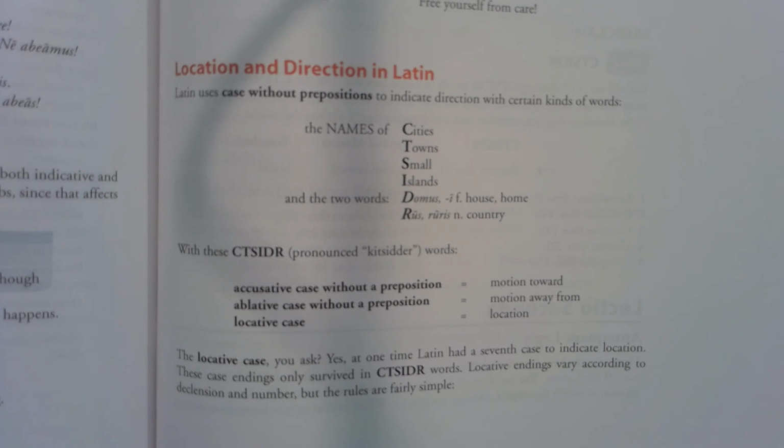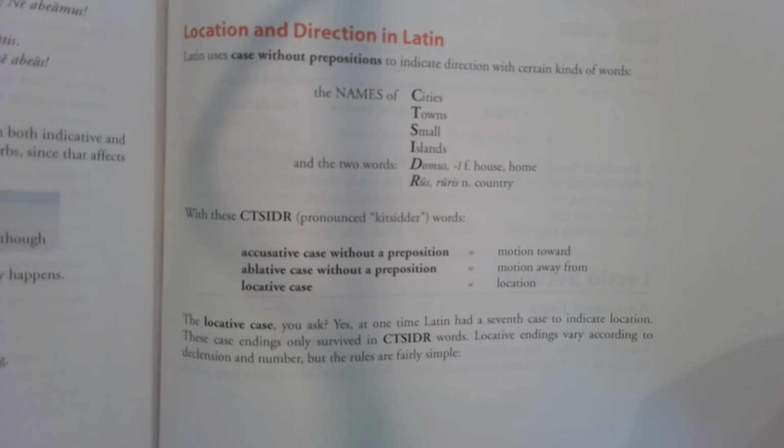Cities, towns, small islands have different endings to indicate if you're going to, away from, or you are at that place. Okay, and this is where we get into the locative case, as is mentioned at the bottom. Locative case shows location. Very simple.